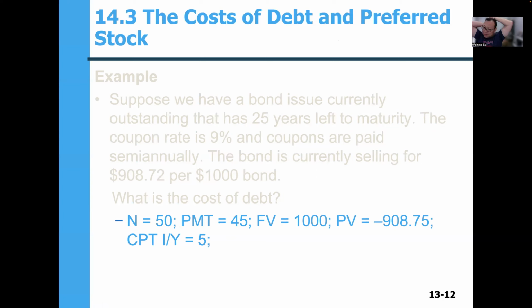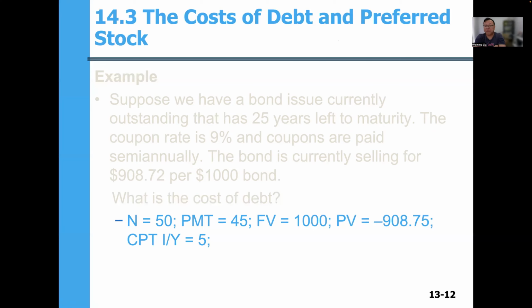Coupon rate is 9%. So this is all from the previous chapter. Your annual payment would be 9% times 1,000, so $90. But you're going to make two payments, right?